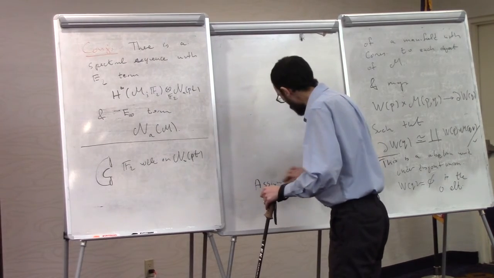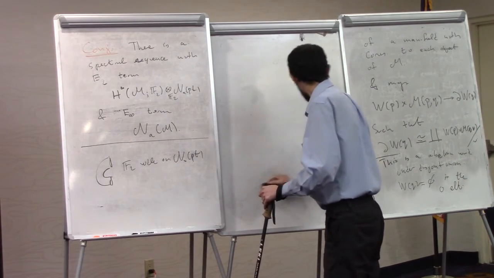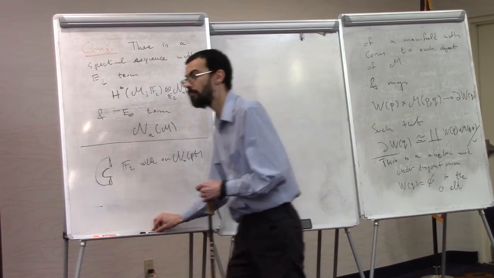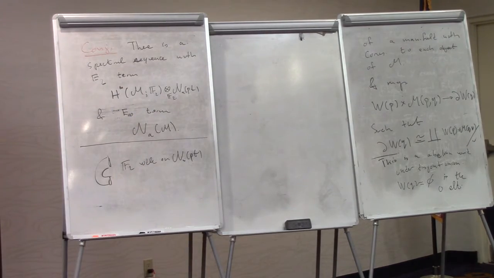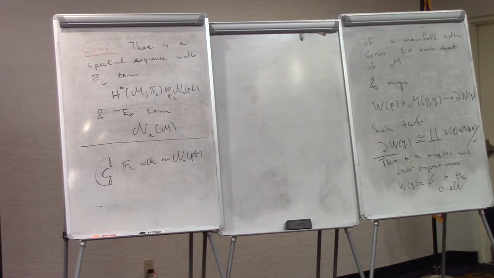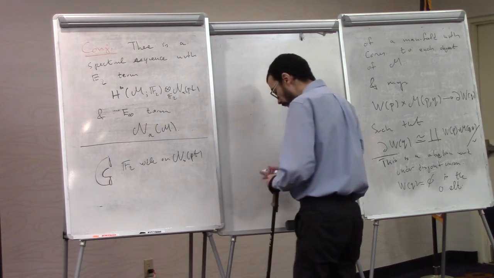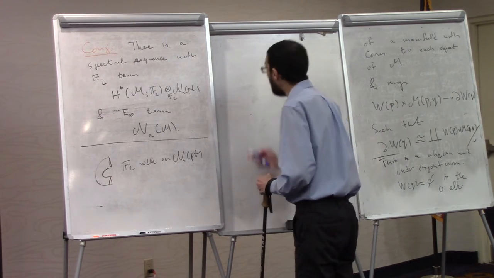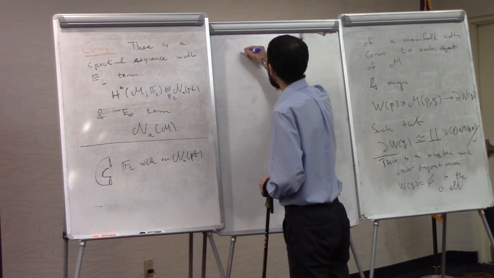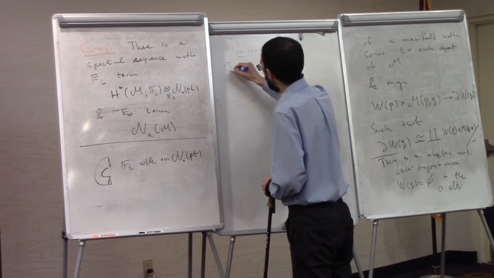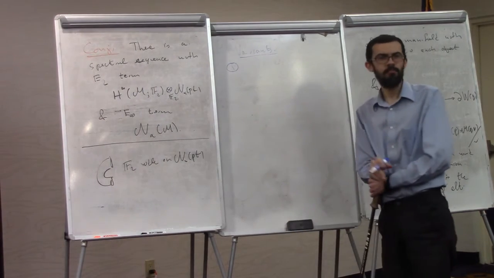The variants of this story all have to do with taking this flow category and equipping it with more data. Okay, I would really like to have a different color at this stage. The first variant is the one that would be kind of most natural to discuss: we should have some Z grading.